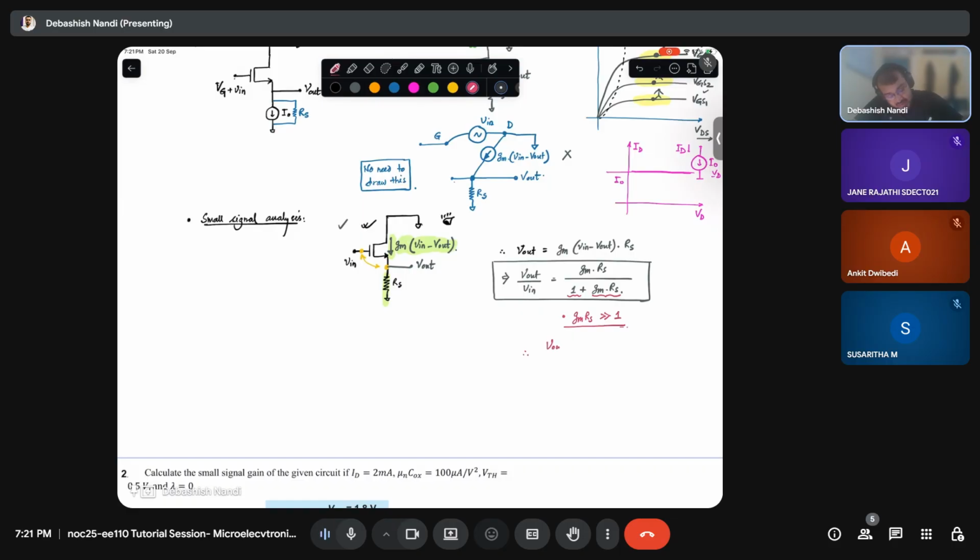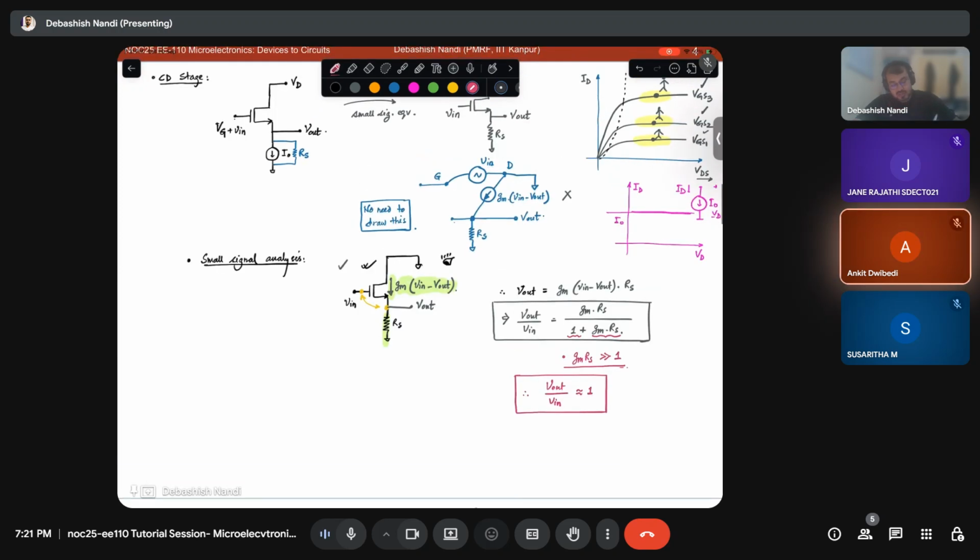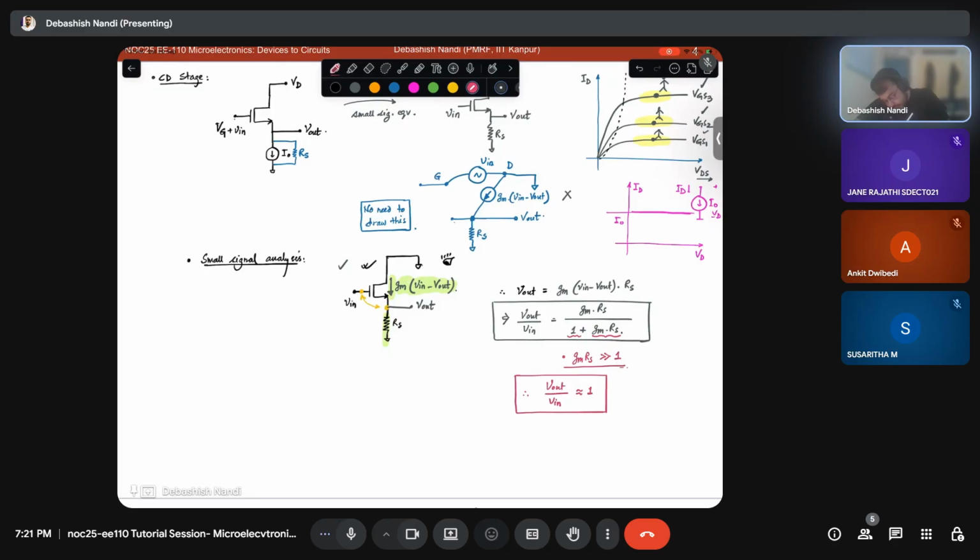So can I write V out by V in equal to 1? Yes. So what we have seen is that common drain amplifiers generally provide a gain of 1.